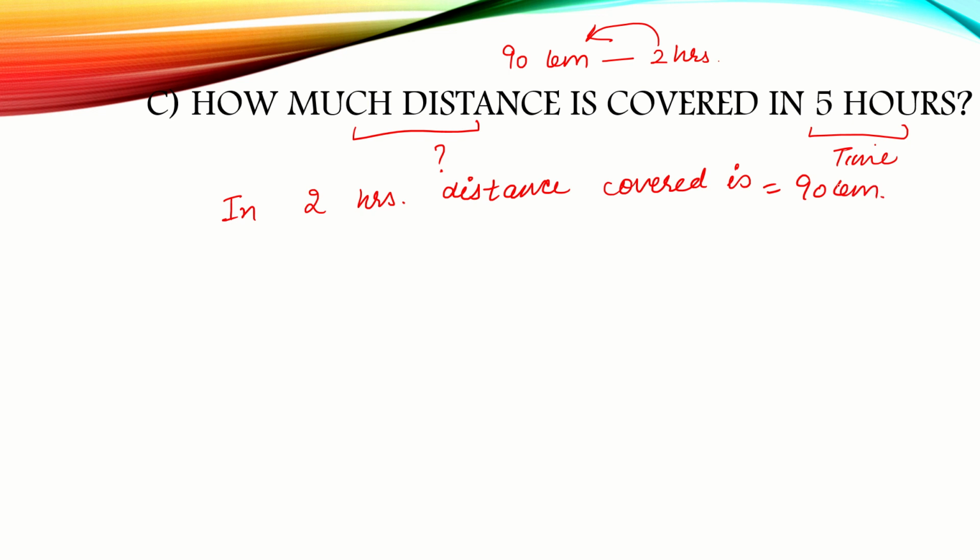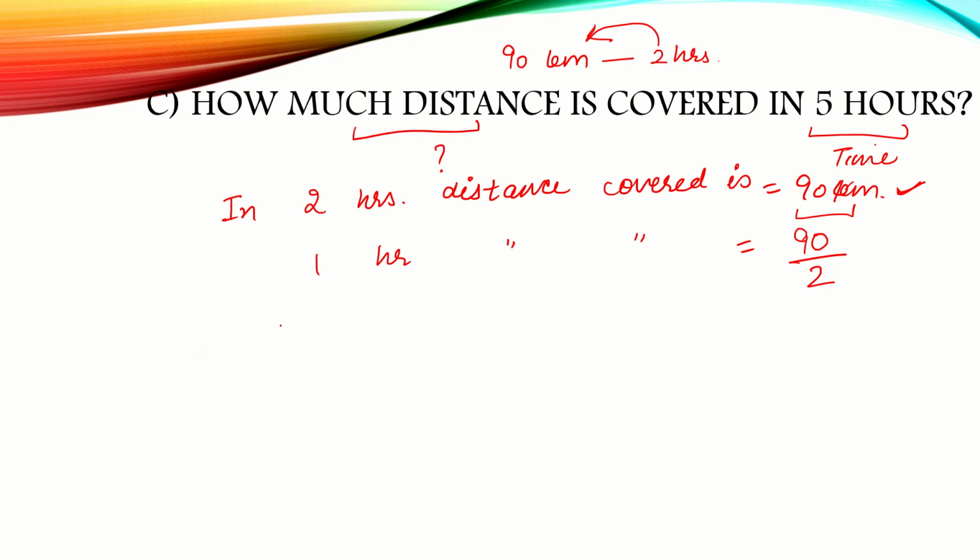I hope you have understood what I want to say. Here I want to find out distance. Whatever you want to find out, keep that thing on the right hand side. In 2 hours, distance covered is 90 kilometer. Then in 1 hour, distance covered is, again, be careful while writing, 90 divided by 2. Same step: 90 is written on the right side, so right hand side number divided by left hand side number.